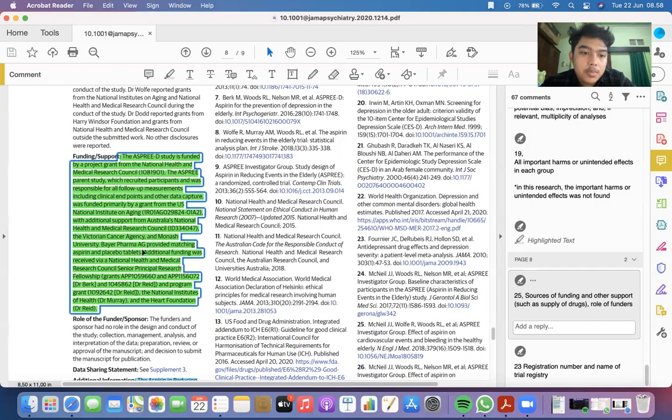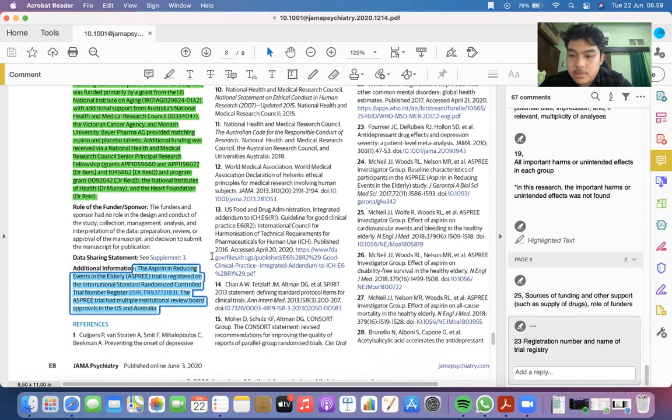Bayer Pharma AG provided matching aspirin and placebo tablets. Additional funding was received via a National Health and Medical Research Council Senior Principal Research Fellowship, Dr. Berk's Doctorate and Program Grant, the National Institutes of Health, Dr. Murray, and the Heart Foundation Doctorate.